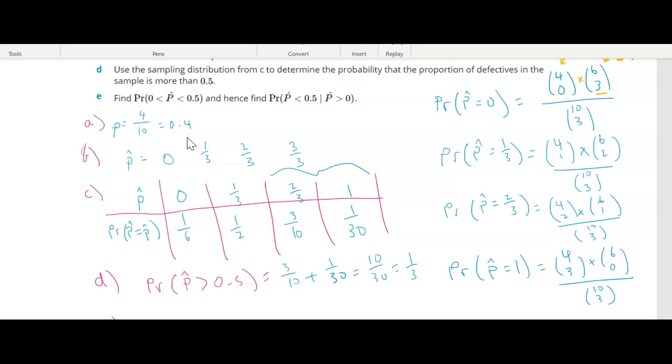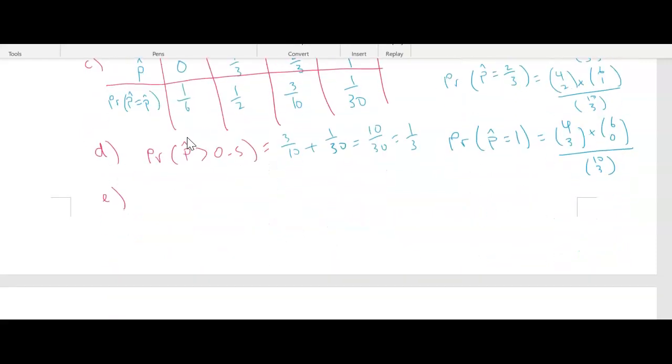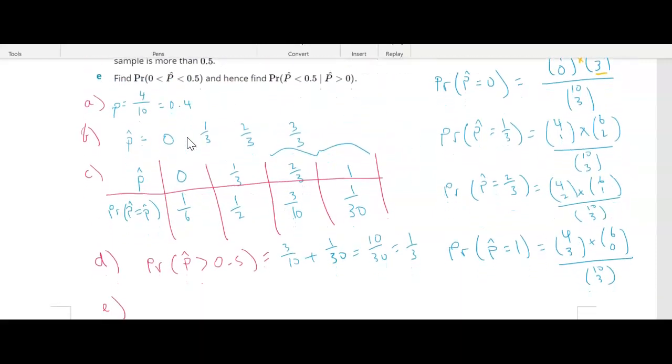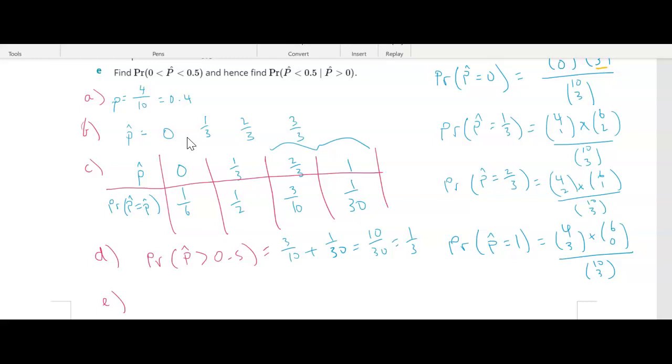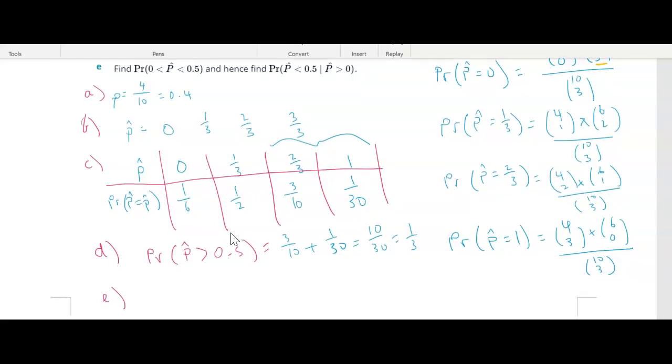And hence find, oh, we've got conditional probability, and I probably haven't given myself enough space. So let's look at the values between 0 and 0.5. The only one is 1/3, so this one here. So that's going to equal 1/2.